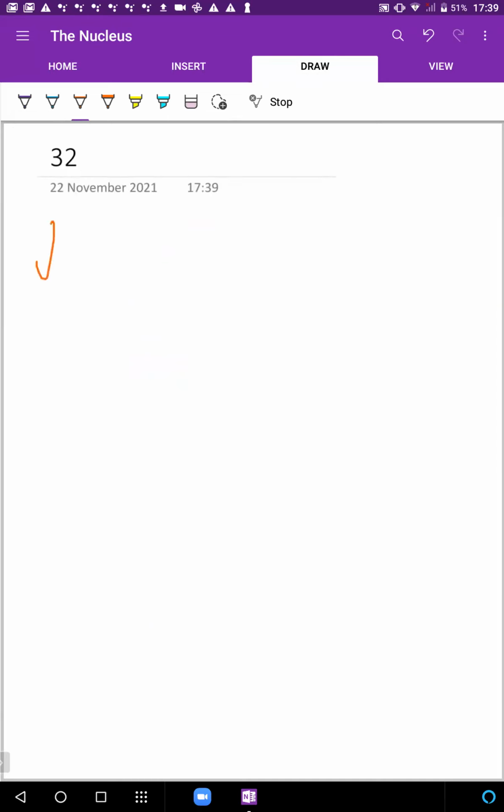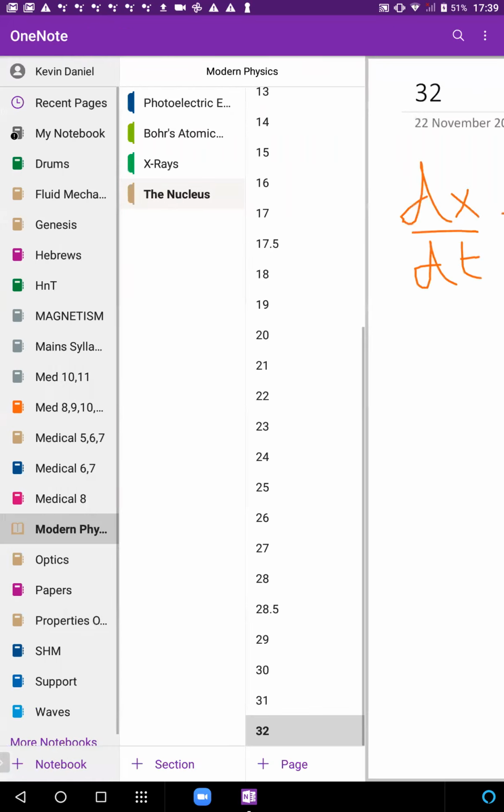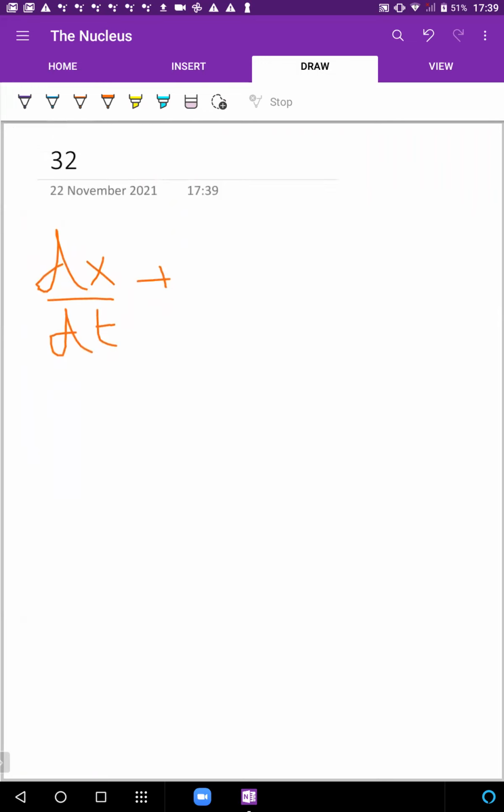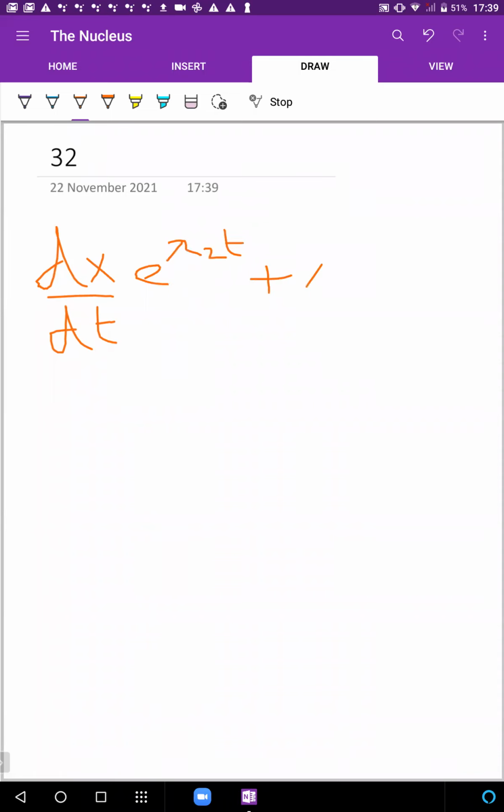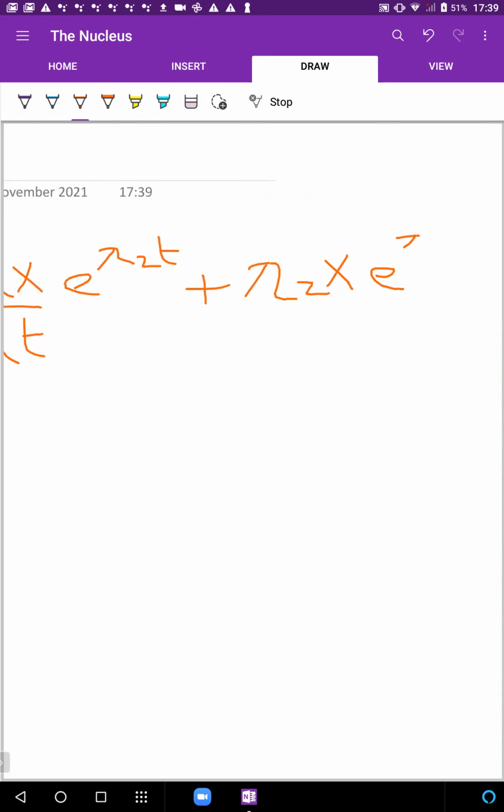So is this a technique you guys have learned in differential equations in maths? So this was dx by dt plus lambda 2x, and she's multiplied both sides with e raised to lambda 2t. This becomes dx by dt e raised to lambda 2t plus lambda 2 x e raised to lambda 2t.